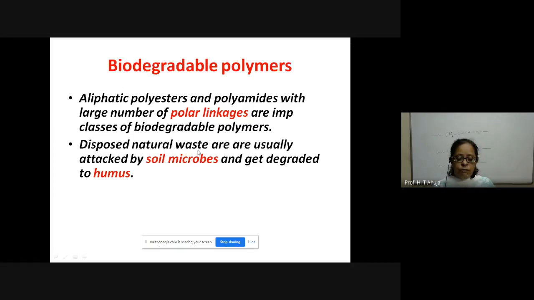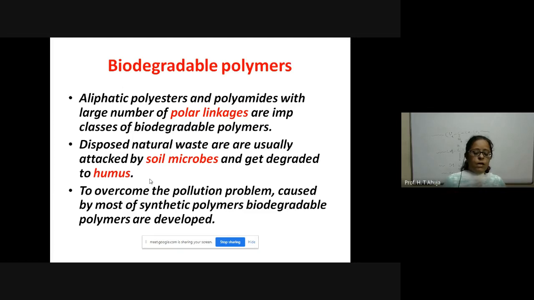Disposed natural waste is usually attacked by soil microbes and gets degraded. To overcome the pollution problems caused by synthetic polymers, biodegradable polymers are developed.